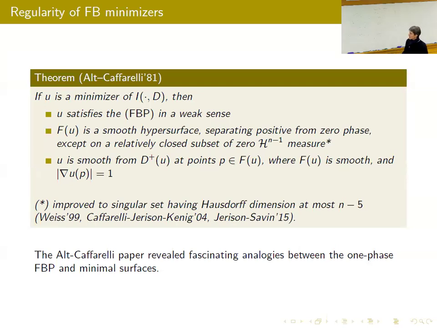What they showed was that the free boundary is a smooth hypersurface, except for a relatively closed subset of n-1 Hausdorff dimension 0. The free boundary is rectifiable. On the regular points of the free boundary, this energy minimizing solution satisfies the problem in a classical sense, so you have this constant gradient condition satisfied from the positive side.